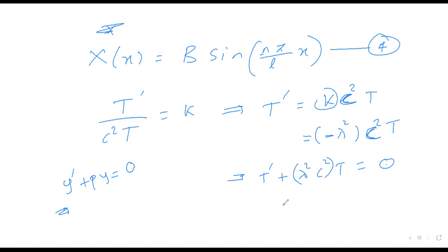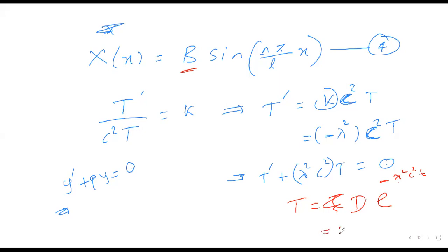So I can get the answer, let's say something C. Because this is C, I better use something else, let's say D. D e to the power minus lambda squared c squared t.